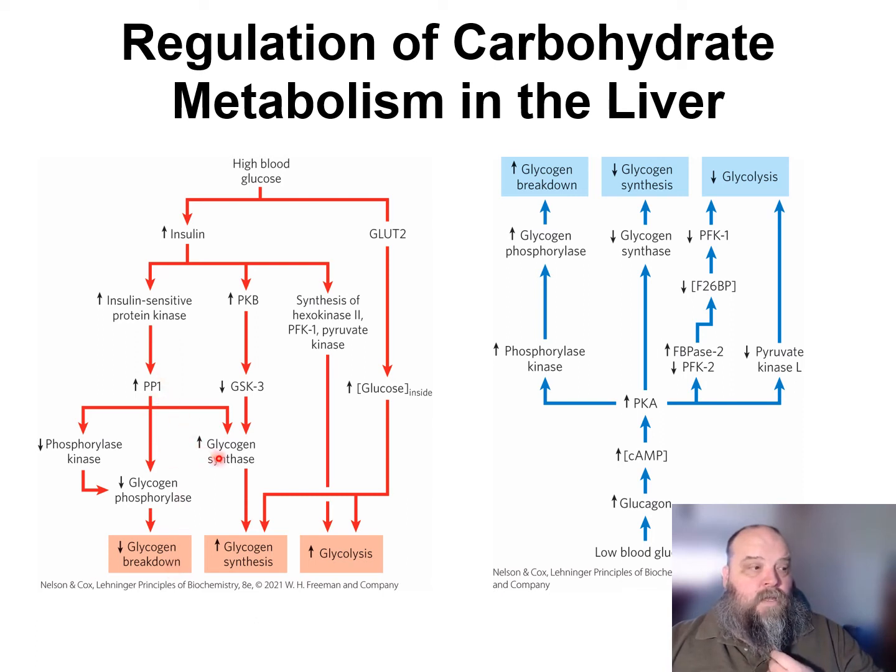High levels of PP1 means more glycogen synthase is being activated, B to the A form, which yields glycogen synthesis. High levels of insulin, high levels of protein kinase B being activated, which means GSK3 levels will be lowered. Low levels of active GSK3 means high levels of glycogen synthase, more glycogen being synthesized. So you can sit there and go through this over and over.